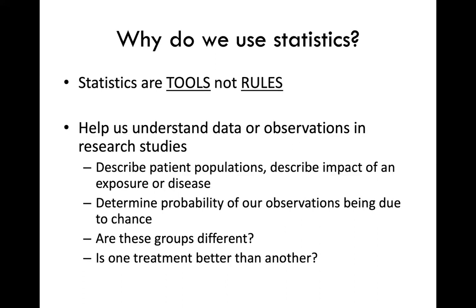If we use drug A or drug B, how do we know that we can believe those results and whether or not these groups are actually different? And that's this last bullet as well: is one treatment better than the other? The term for that is comparative effectiveness, and it's something pharmacists will obviously want to know when making decisions regarding a course of treatment.